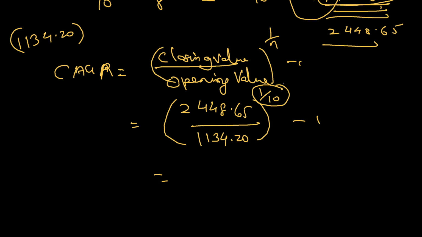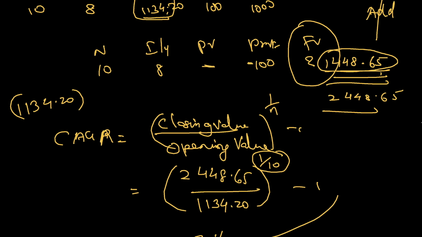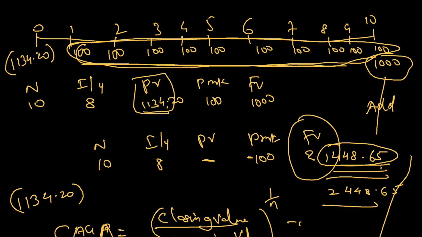So 2448.65 divided by 1134.20, to the power 0.10, and then I do minus 1. Then I will convert it into percentage, which will give me 8%. This 8% compounded annual growth return is nothing but the IY mentioned at the beginning itself.